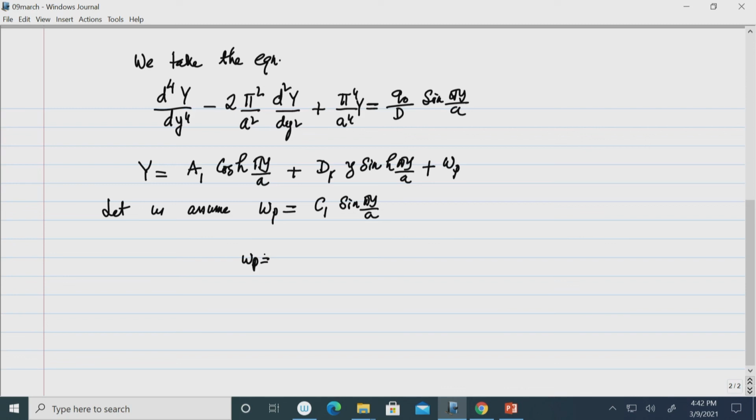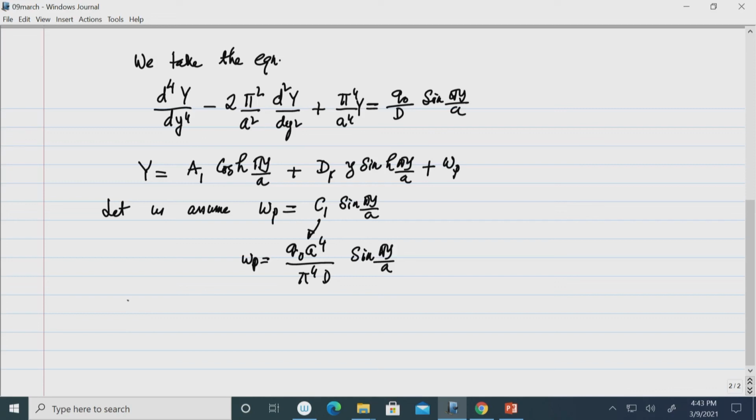W p is now q naught a to the power 4 pi to the power 4 d sin pi y by a, because C 1 is now this quantity. How is this C 1 found? Assume the particular integral as C 1 into this, substitute it in the differential equation, and then equate the coefficients of like terms. So, you will get C 1 as this value.